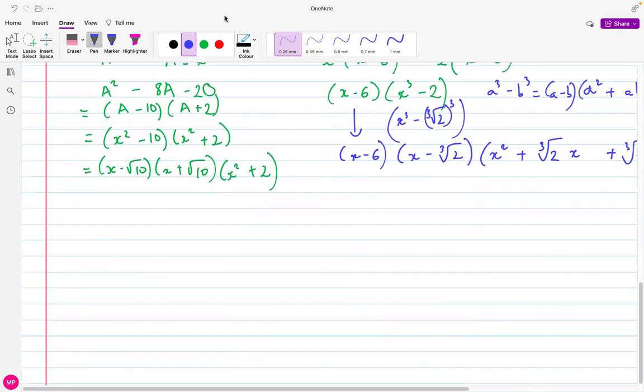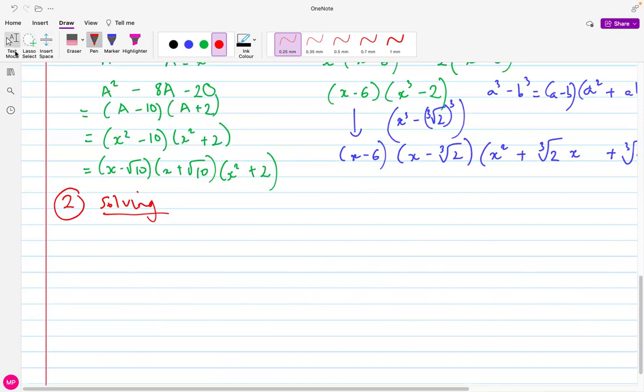Okay. Now I want to talk about solving equations. So number 2 is solving quartic equations.